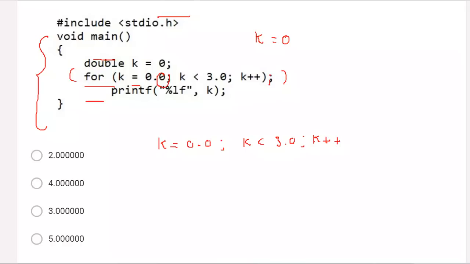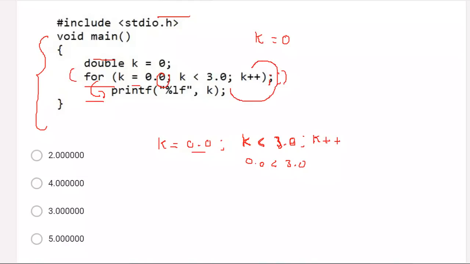So in the first iteration, the value of k is equal to 0.0, and we are checking, is k less than 3.0? Yes, 0.0 is less than 3.0. Now you cannot come into the for loop because here there is a semicolon. So after k is less than 3.0, there is no block to enter into the for loop.